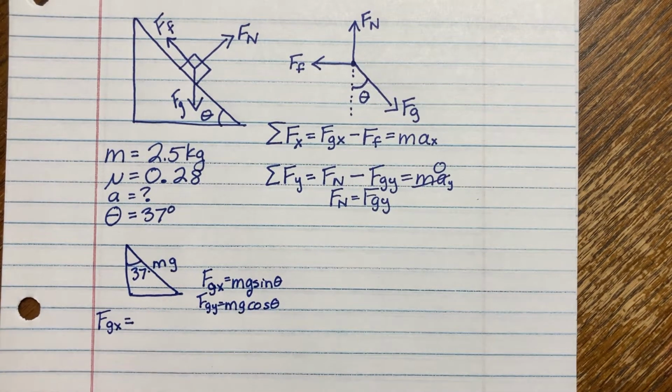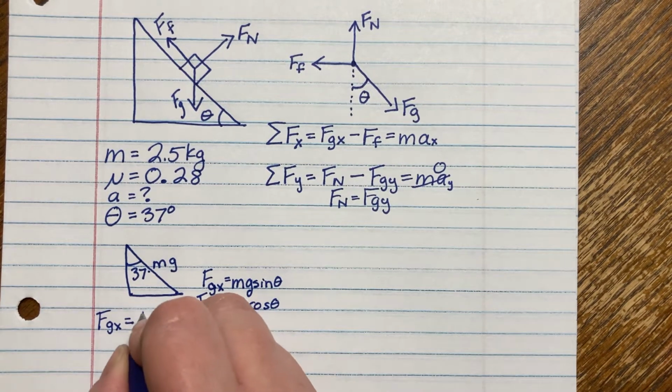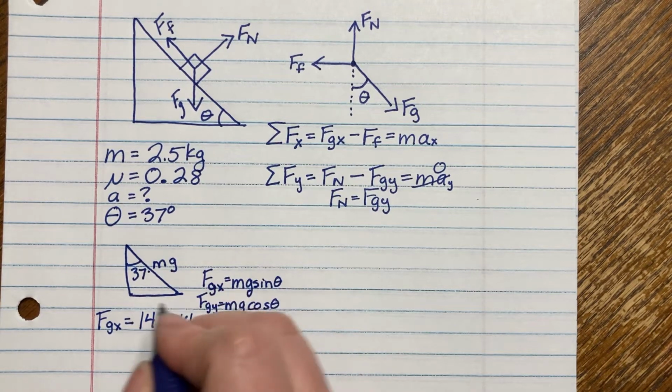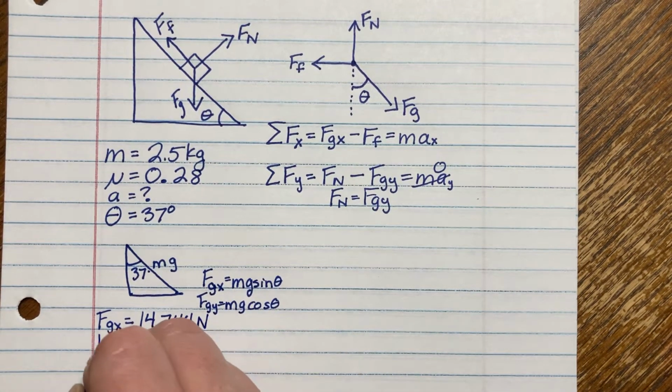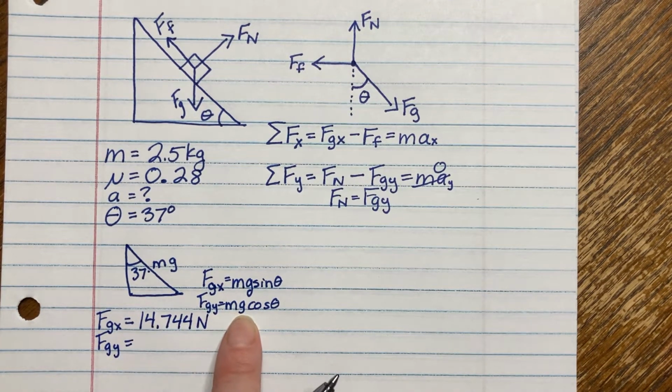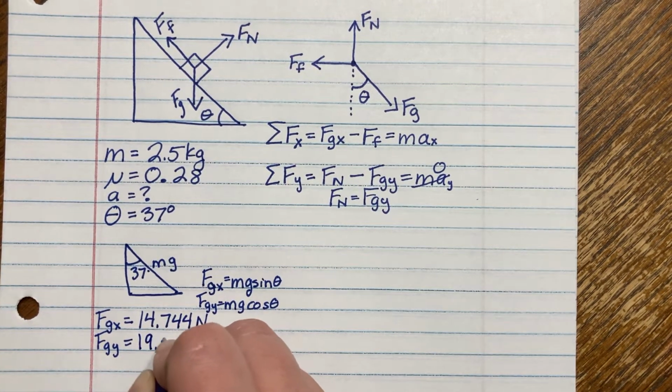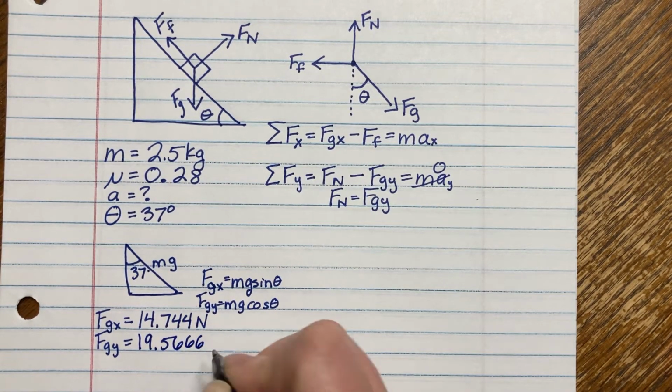So your FGX is going to be 2.5 times 9.8 times sine of 37, which is going to come out to 14.744 newtons. And your FGY is going to be 2.5 times 9.8 times cosine of 37, which is going to be 19.5666.